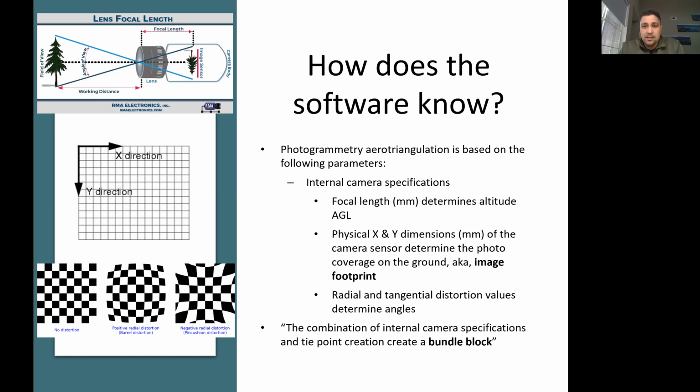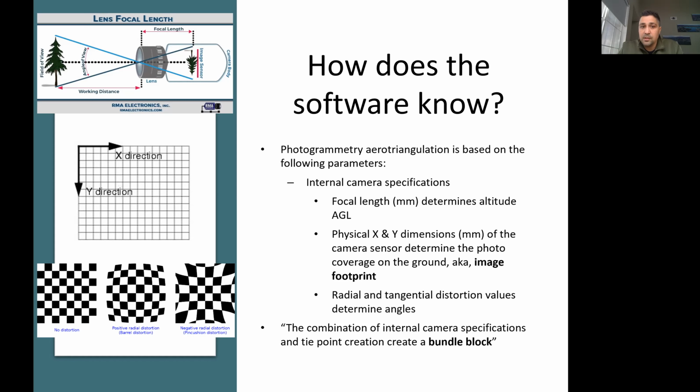The next thing is that the software looks at the physical dimensions, again in millimeters, of the camera's sensor. And it uses this to determine coverage on the ground, like geometric positions on the ground or in the scene. This is called the image footprint.